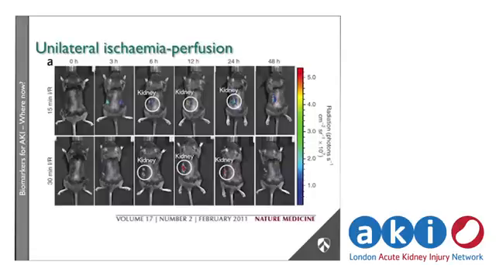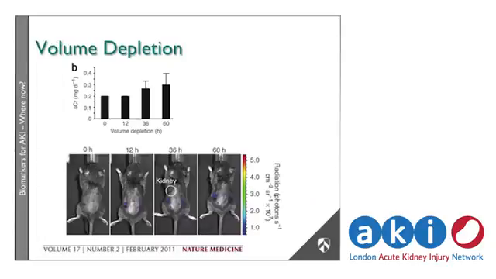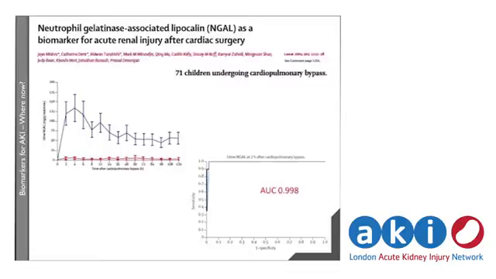They did unilateral ischemia reperfusion, and what they found is that the kidney that had been subjected to ischemia lit up. With longer ischemic perfusion, it lit up more. And interestingly, when they dehydrated their mice to give classical pre-renal dysfunction, they could make the creatinine go up, but actually there wasn't tubular injury in these mice. So that indicated that NGAL was pretty specific.